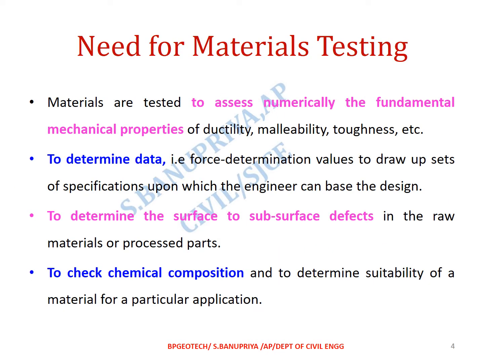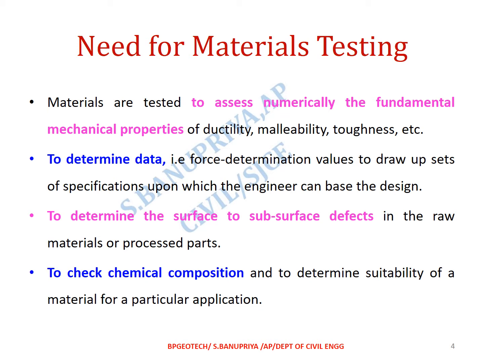What is the need for the testing? The materials are tested to assess numerically the fundamental mechanical properties like ductility, malleability, toughness, etc. By material testing, the data obtained are used to define certain characteristics of those materials.